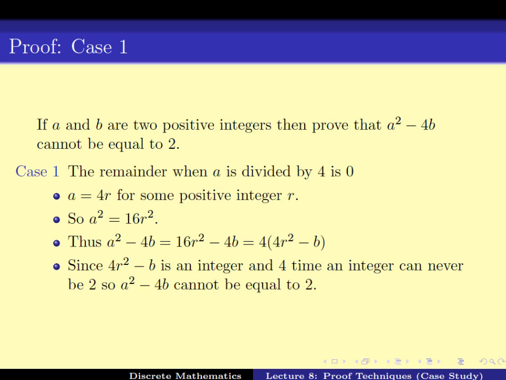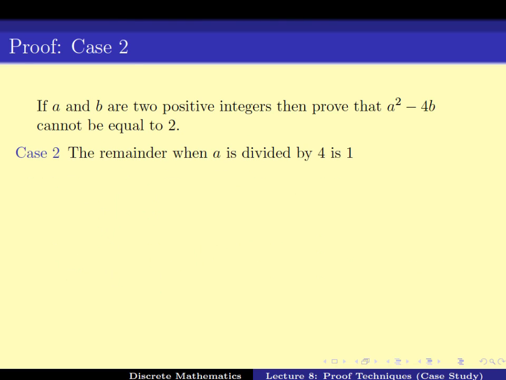Now you don't need to look at the rest of the video at all. You can just try to solve the other 3 cases by yourself. For example, for case 2, that is when the remainder is 1, what can we say?